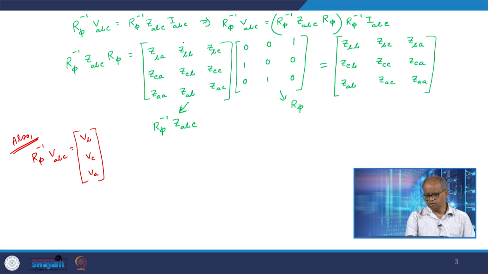If I now write these equations in a matrix form, R phi inverse I ABC also would be IB, IC, IA.